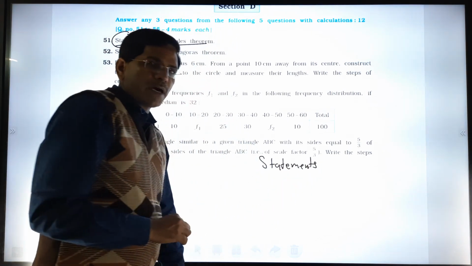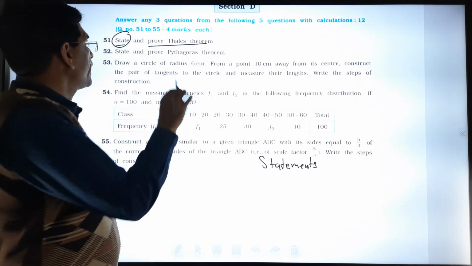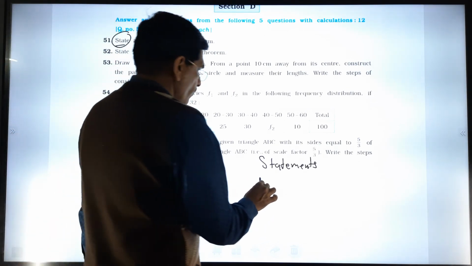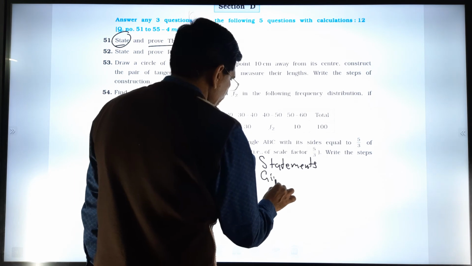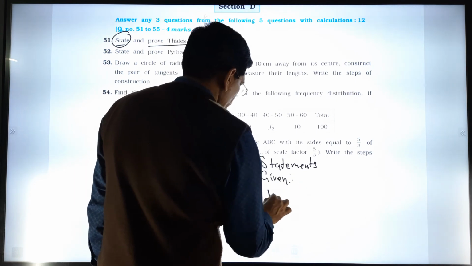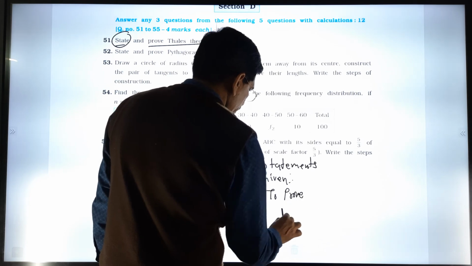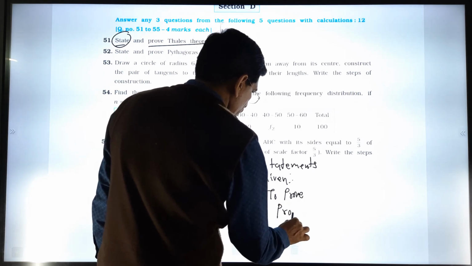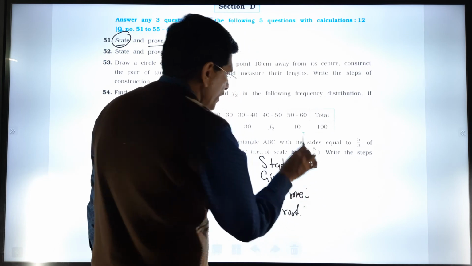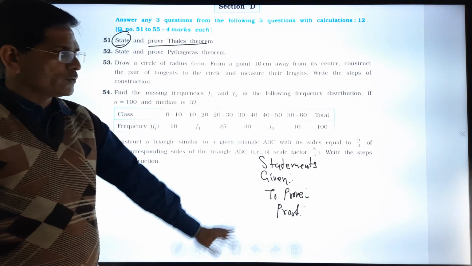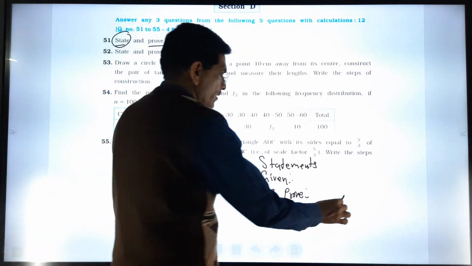You will get half marks for the statement when the question is a statement. Then you have to write what is given, what is to prove, and the proof. So 4 things you have to write in a theorem, along with the figure.